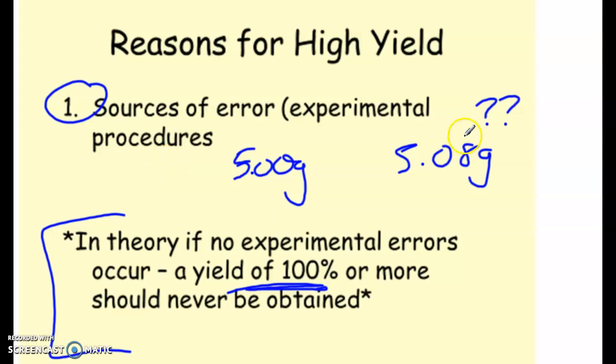There's nothing natural that would cause this to be more. It's simply part of the experimental process, that either something wasn't removed, like for example, maybe you had to dry out some water and there's some water left behind, but regardless, there is something there that is impacting the mass.